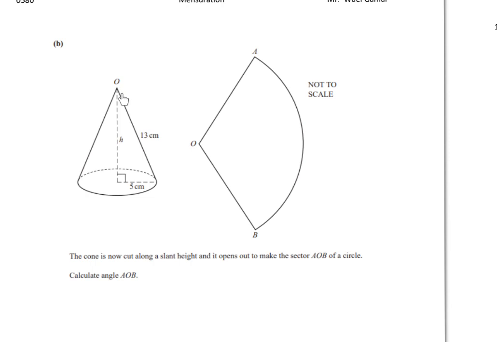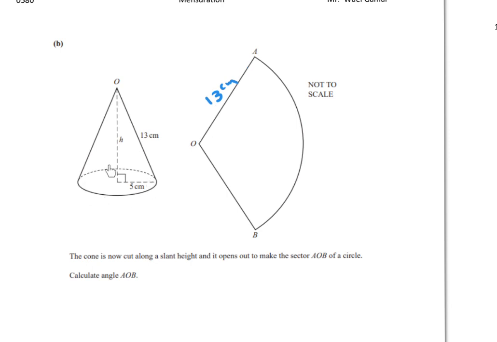The slant height of the cone will be the radius of the sector. So the radius of the sector will be 13 centimeters.